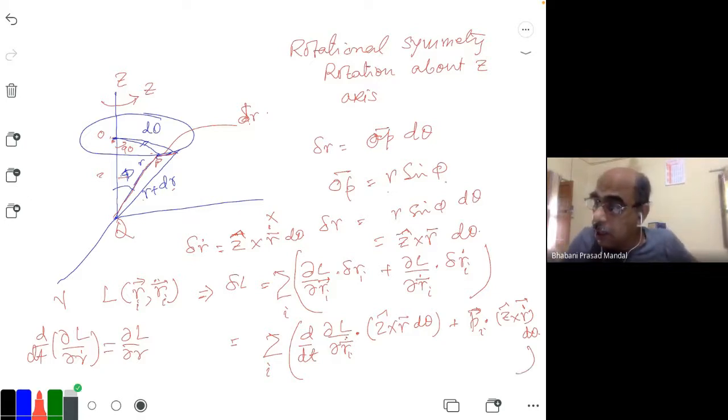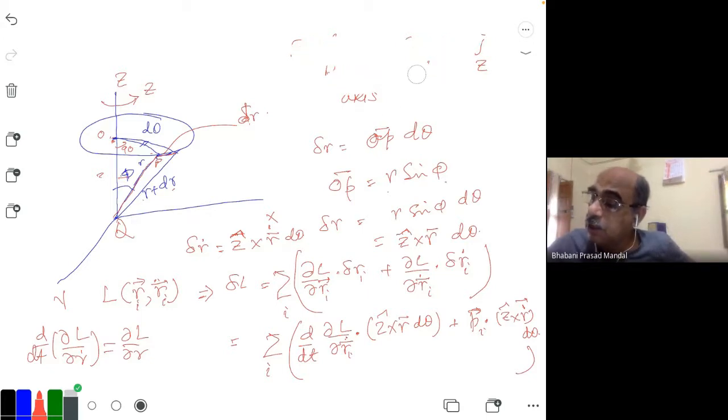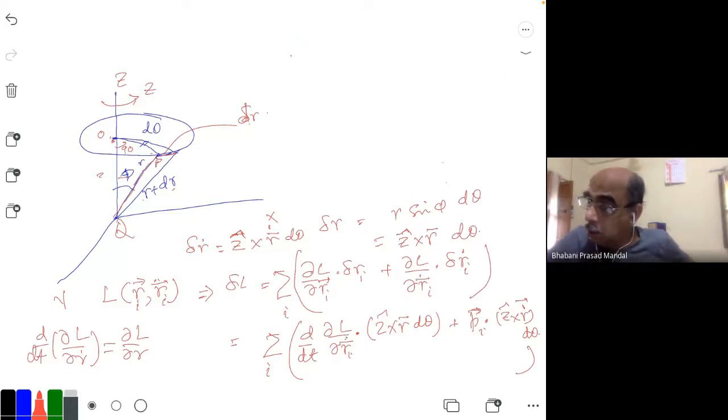So let us do everything on this page. Let me erase the initial portions, and then we will finish the proof here. So this is my delta L. Now this is again p i dot, and d theta has nothing to do with the time derivative or the summation, so I take d theta outside, no problem with that.